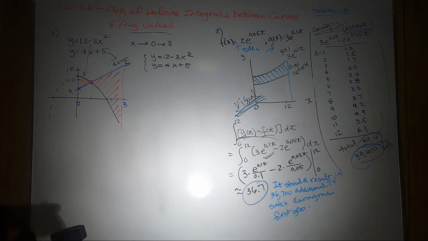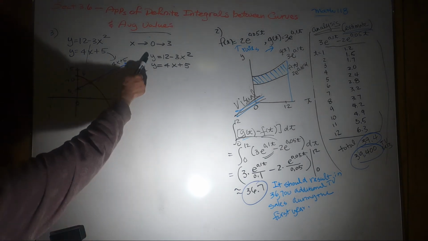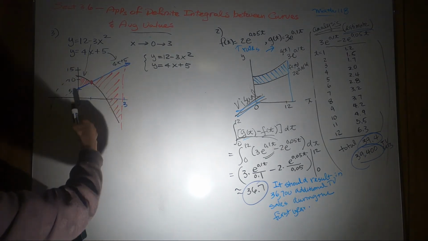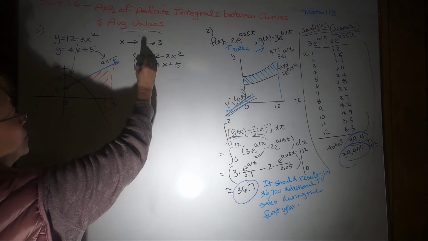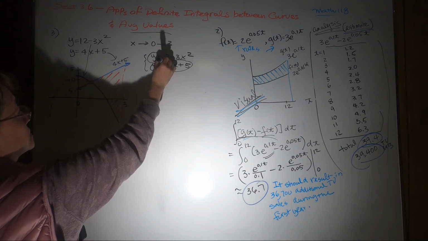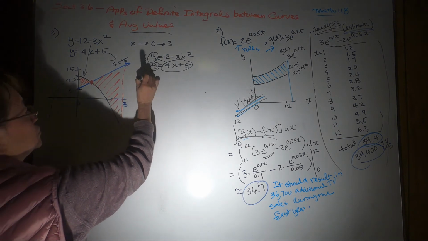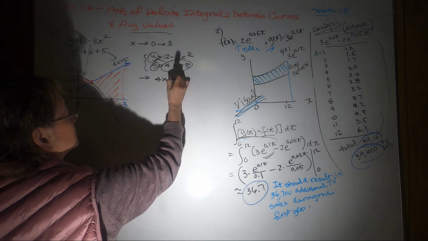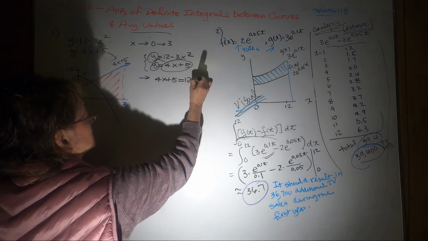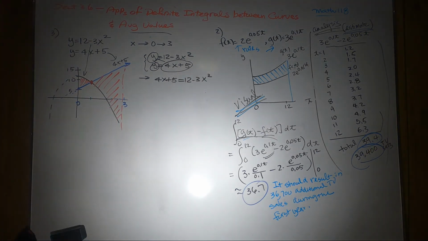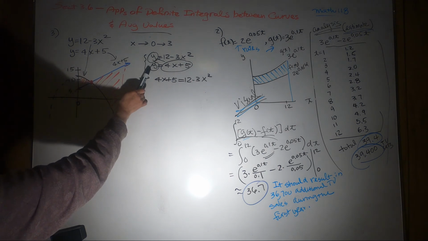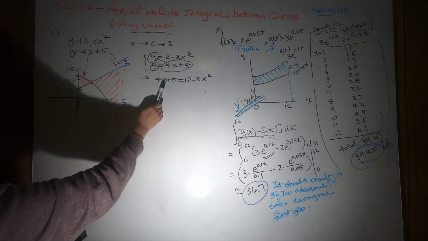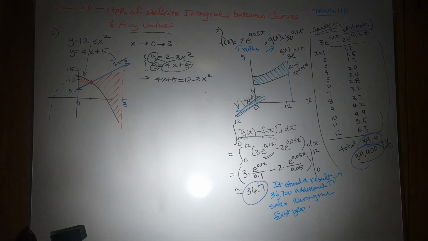As long as you eliminate one variable first. Like you have y, they are the same, so you can just sub in because the y's are the same, right? So you just put it in by substitution. What do we have? 4x plus 5 equals 12 minus 3x squared, right? Then you put two equations into one equation with one variable, so we can solve it.